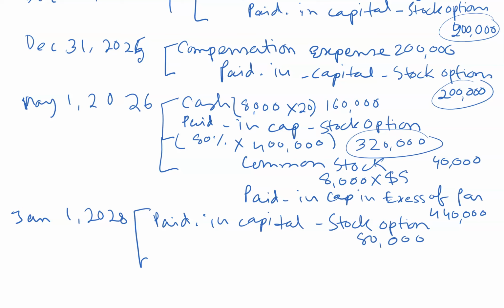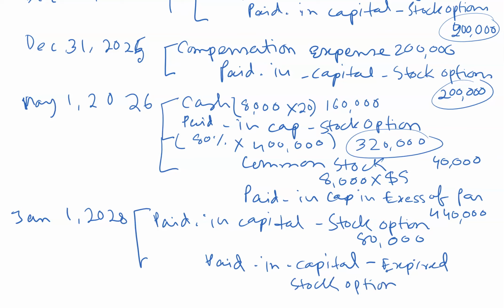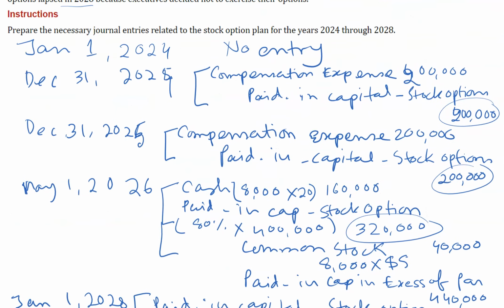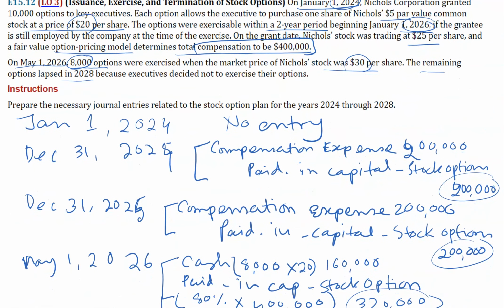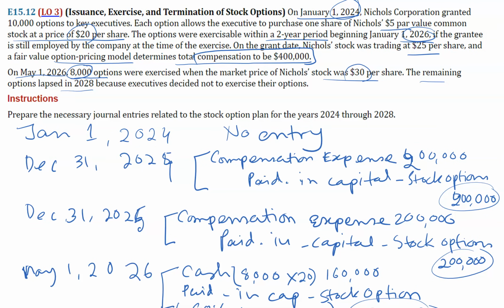We will still keep it as paid in capital, but we will now label it as expired stock options. Expired stock options, and the amount will be 80,000. This is how we do the journal entries for stock option compensation.